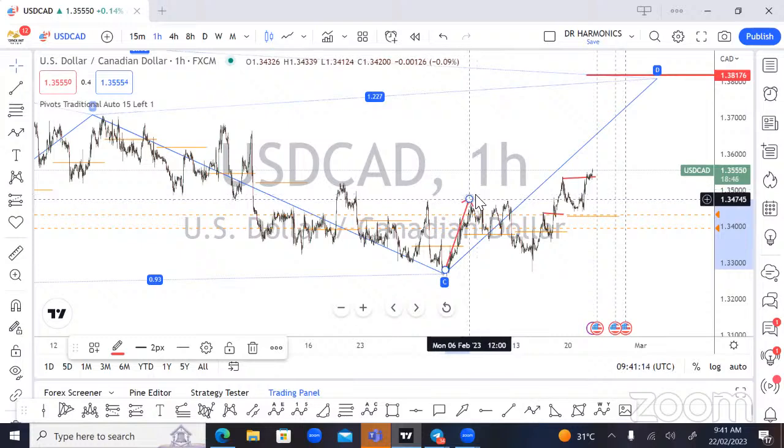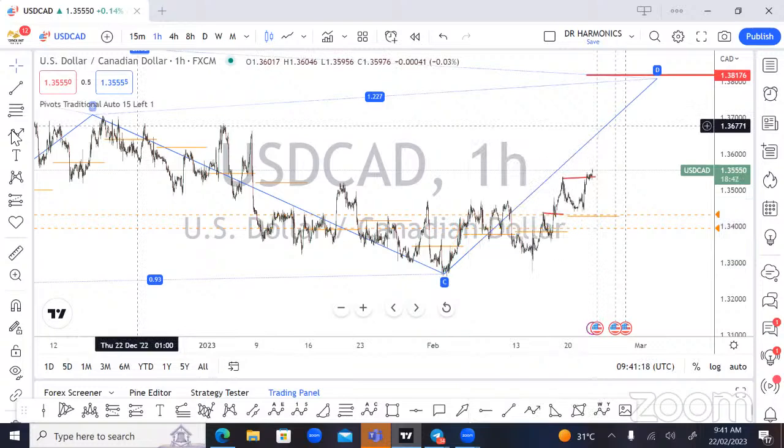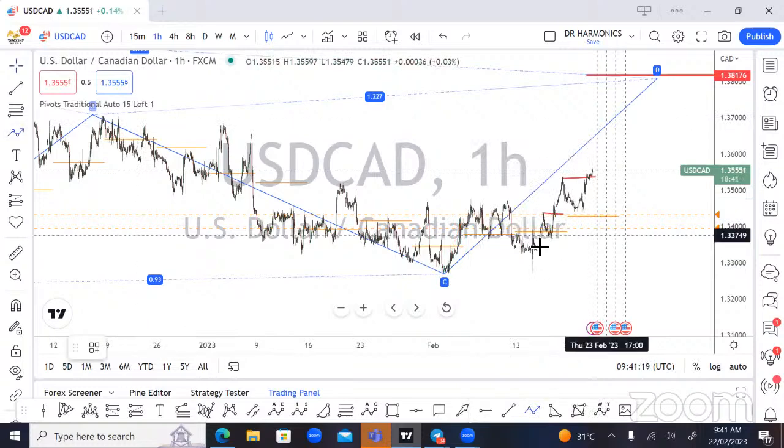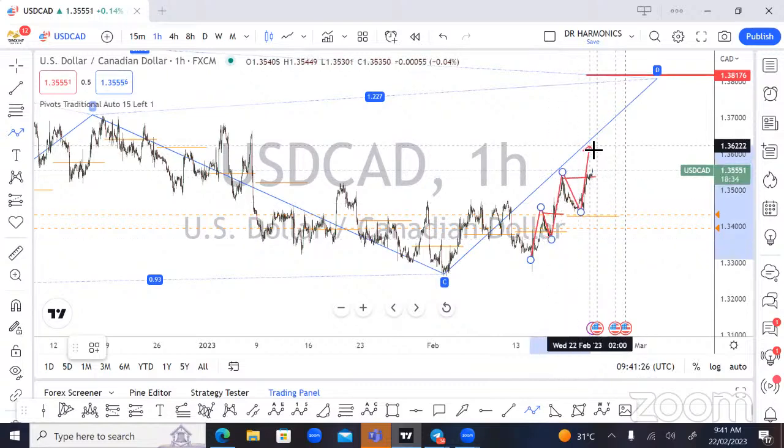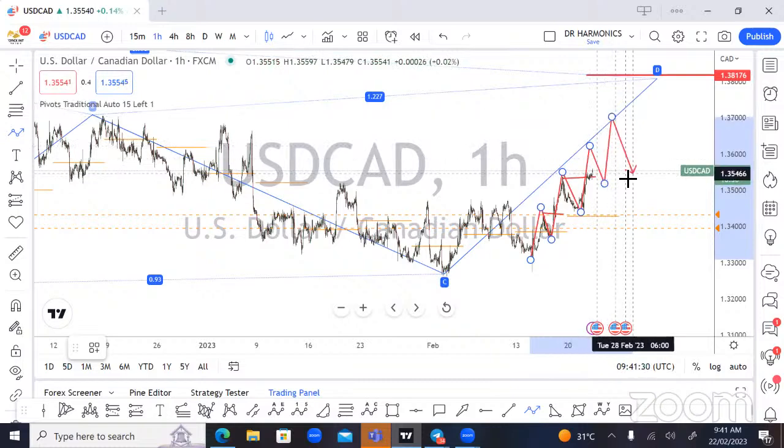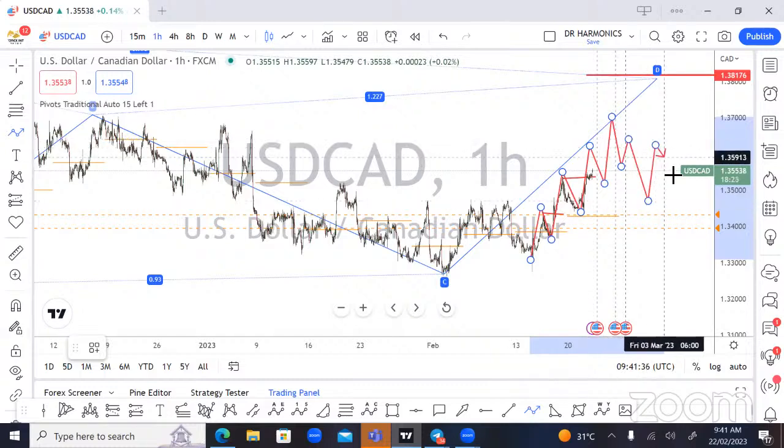Now, it also means that for now, we are going to get internal structures, and the internal structures are this one, the smaller ones, yeah. So we might have this, come back like this. Then maybe we might have a swing structure, which will break this level. Then we'll have another internal structures, yeah.